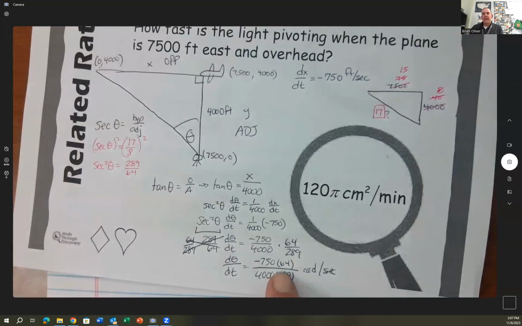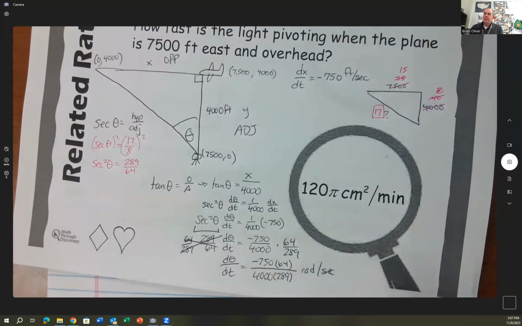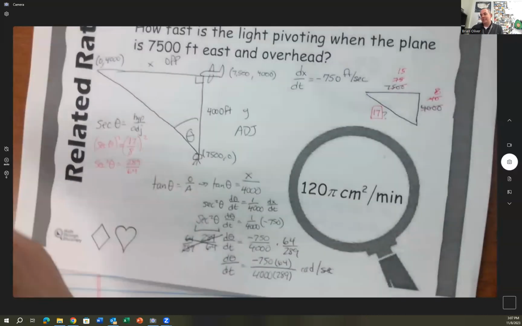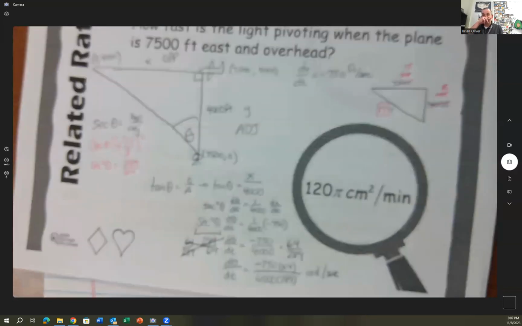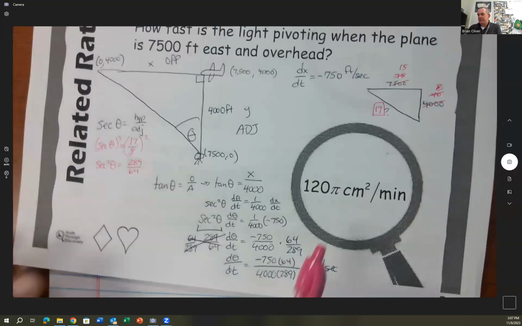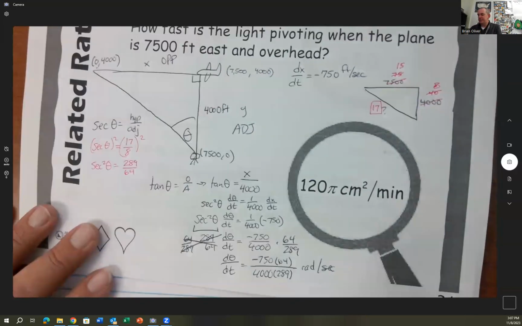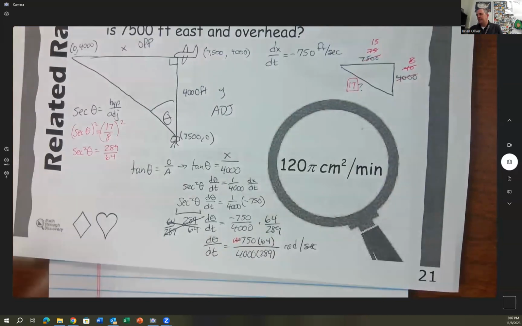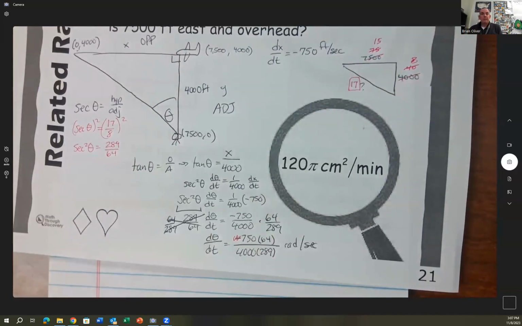A negative angle here, I apologize for that. An angle that is getting larger to the left is getting larger in the negative direction. A negative in the negative direction technically is a positive. So how fast is it pivoting? You really aren't going to say, because it's a negative in the negative direction. That's what it's going to be.